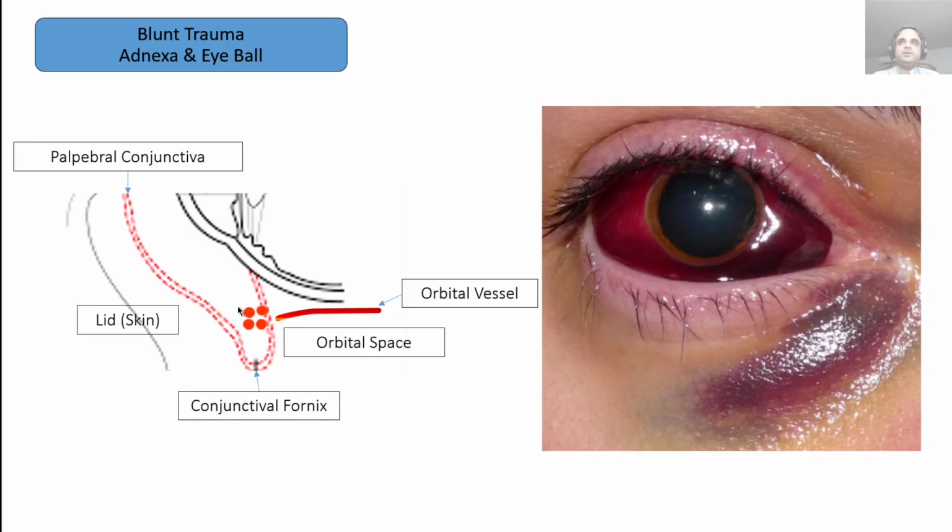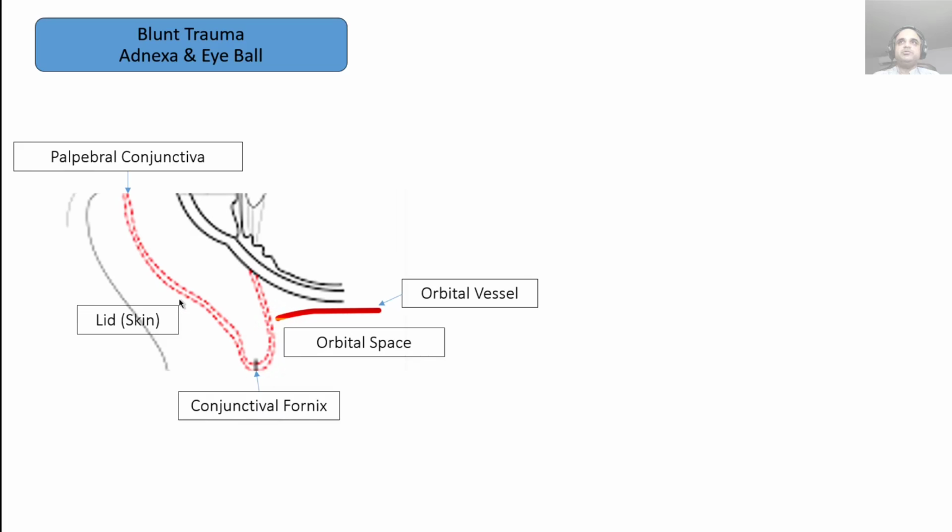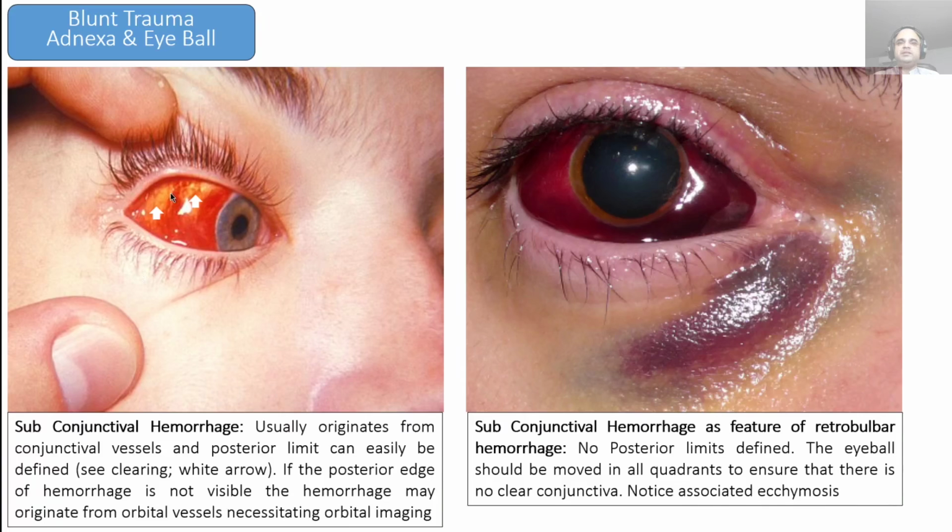This is, in all likelihood, because of an orbital vessel getting damaged, which is feeding blood into the conjunctiva, and you can't see any posterior limits to the hemorrhage, as opposed to this picture where you can see a posterior limit. So this is more benign, because these are just conjunctival vessels. They have ruptured. This hemorrhage would be absorbed back. This is more dangerous, because a hemorrhage in an orbit can compress an optic nerve, and that can lead to sight loss.